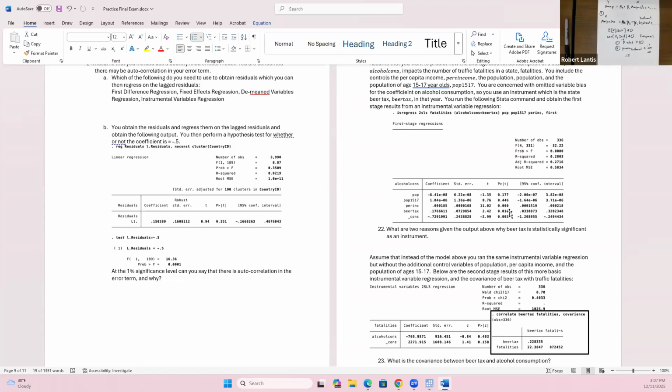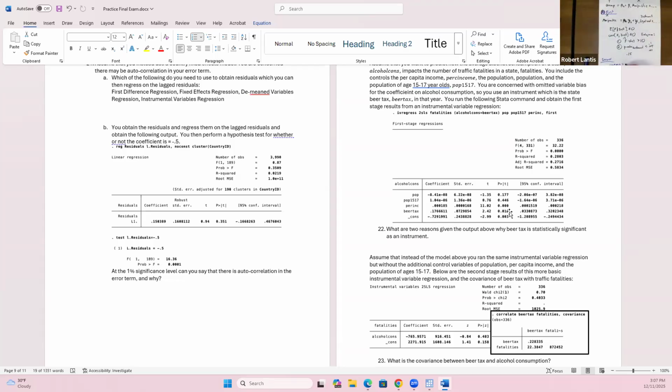Yeah. So this was just our first stage, right? These were to see if that first condition was met. So this was my first stage of the regression that I had to run for an IV. My second stage, I'm actually going to look at what my Y variable is. I'm trying to now predict that Y variable.